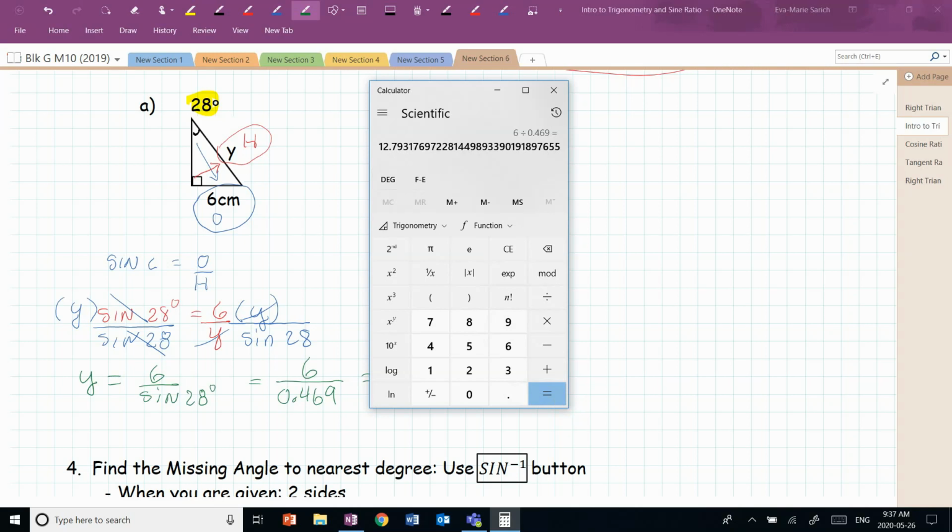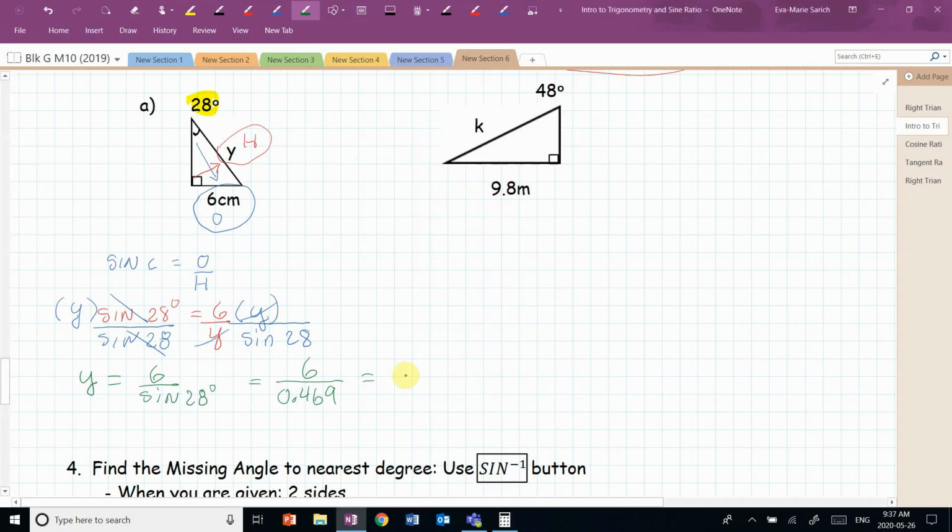Now remember, sides are going to 1 decimal place, so 12.7, and in this case, we look at the 9, it's going to round up to 12.8. So this is going to equal 12.8, and this question has centimeters, so our side is going to be 12.8 centimeters. Okay? Let's do a second example.